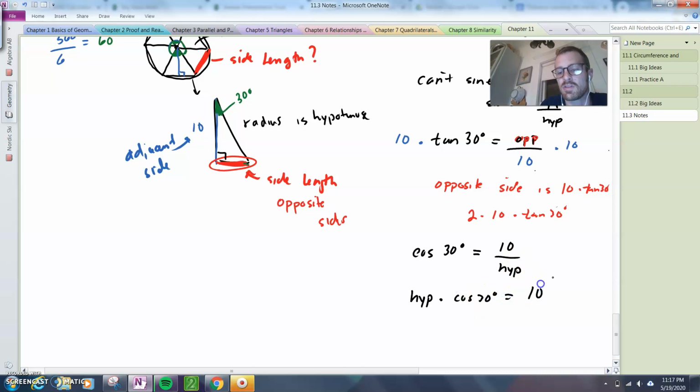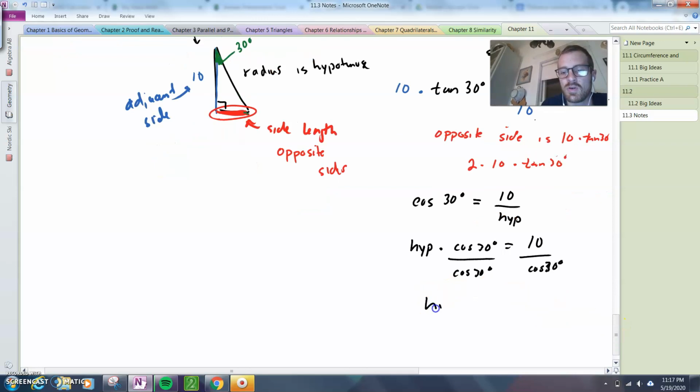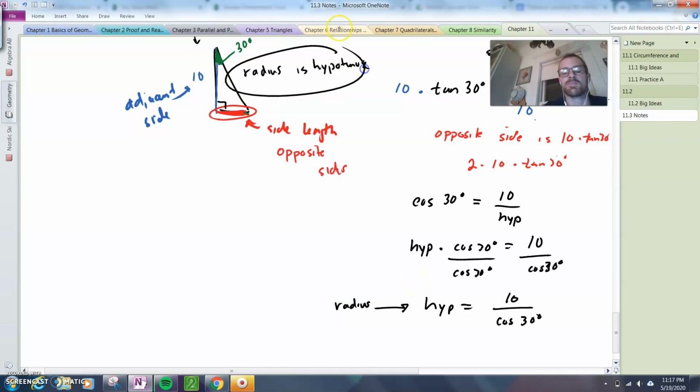Hypotenuse would cancel on this side. But then I need to solve for the hypotenuse, so I end up dividing 10 by the cosine of 30. So hypotenuse is going to equal this in my calculator. And remember, the hypotenuse is actually the radius back here.